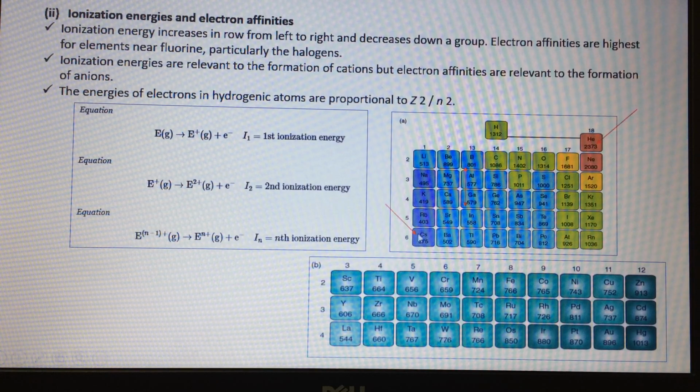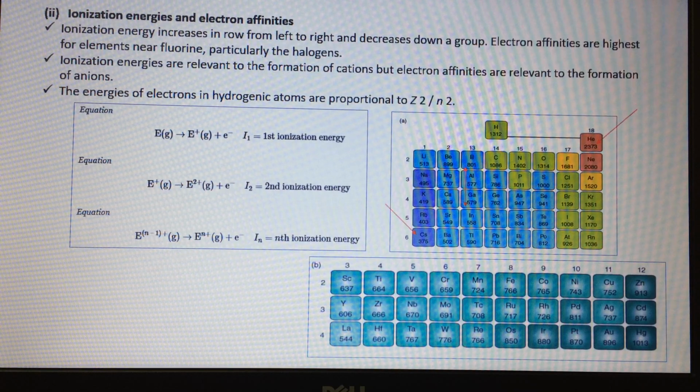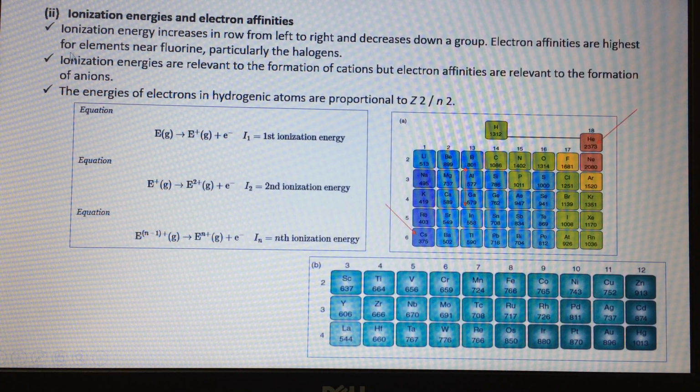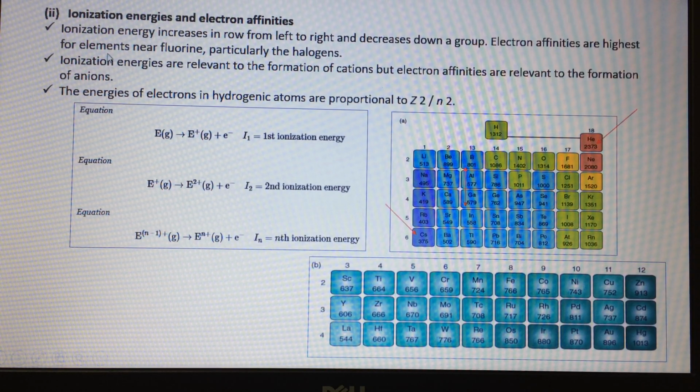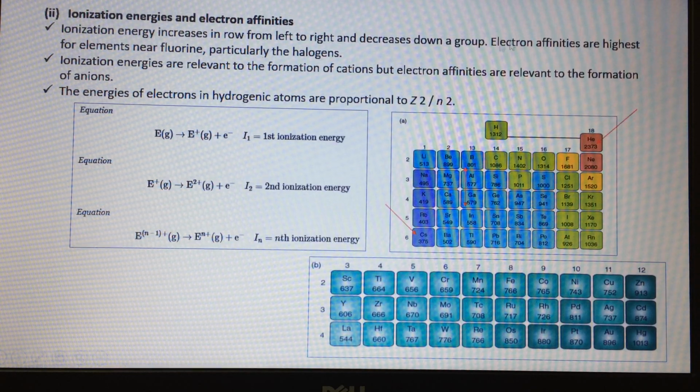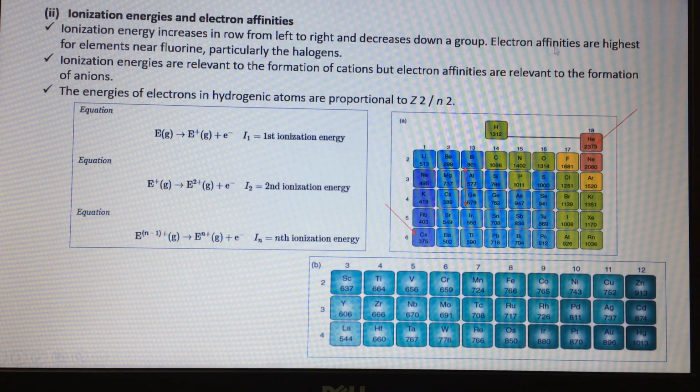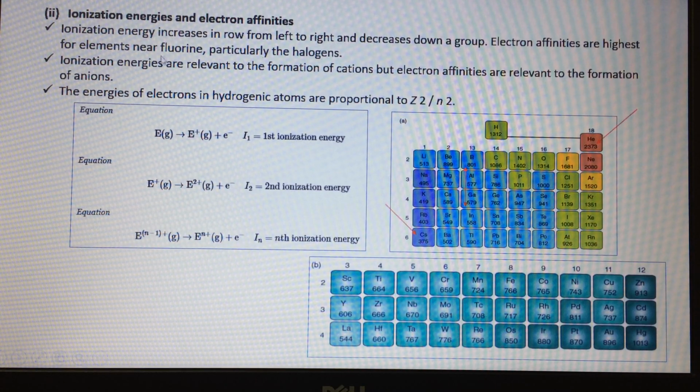And here, cesium has the lowest first ionization energy of these elements. So what I am saying here is that the highest electron affinity is near the fluorine atom in particular.